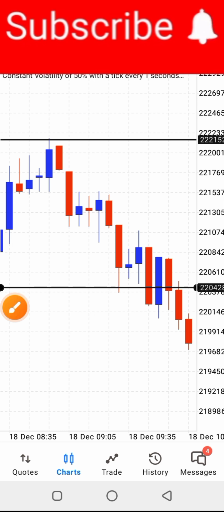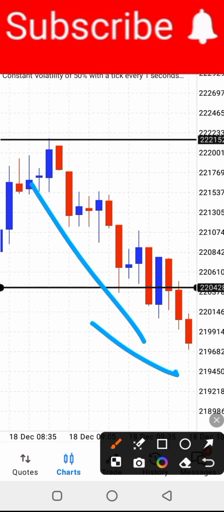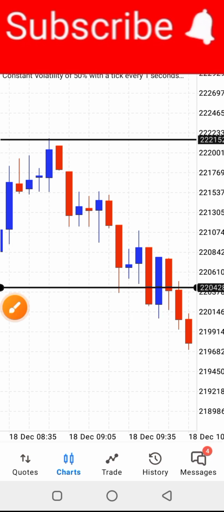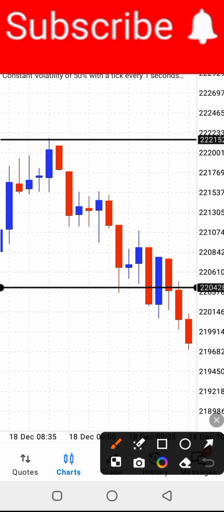If you are in a downtrend, pay attention. If you are in a downtrend, the last up close candles before a downward continuation that breaks structure, that is your order flow. So now we are in a downtrend. Look at this. You see these three bullish candles here, that's your order flow.